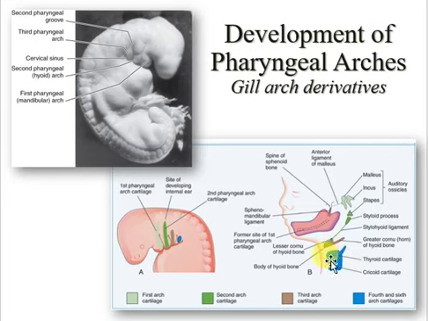So here's your thyroid cartilage, here's the cricoid cartilage. Your fourth arch will also fuse with the sixth arch to give rise to these structures. The fifth arch is rudimentary and will disappear later, and there are no derivatives of that arch.